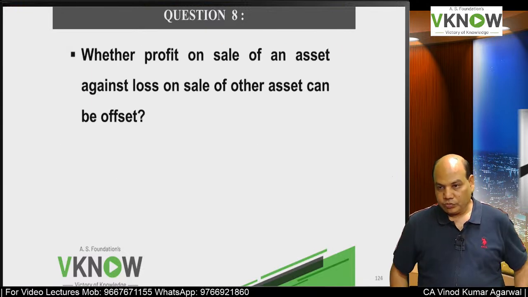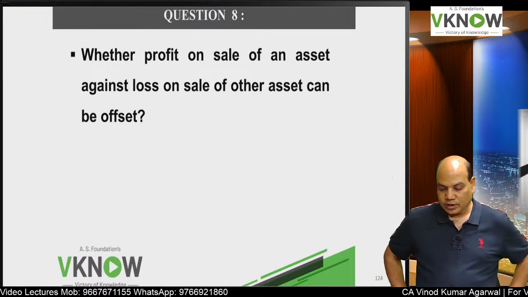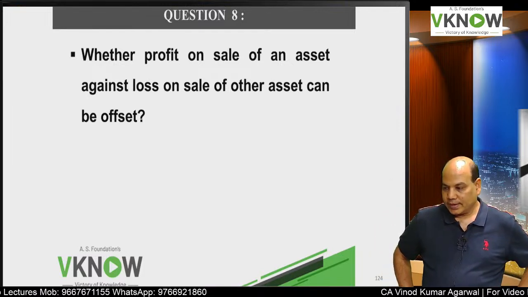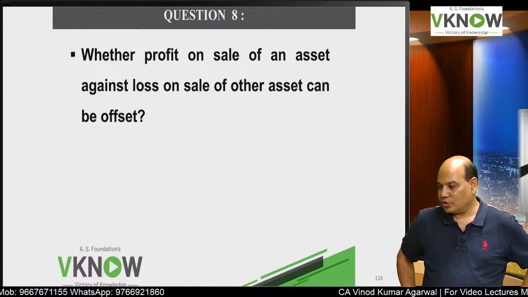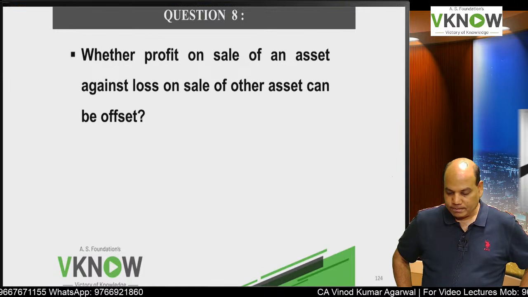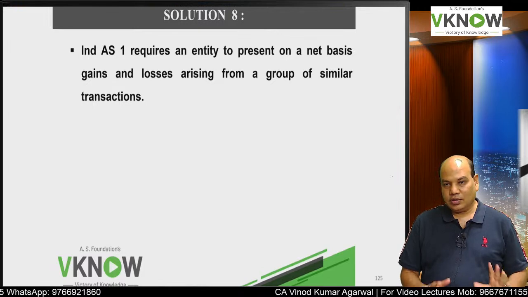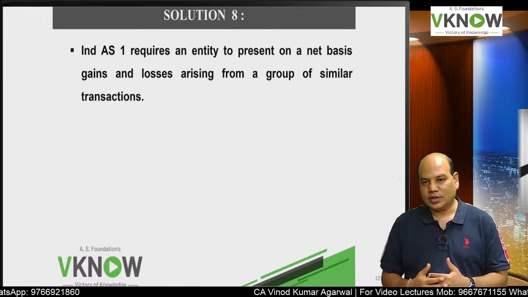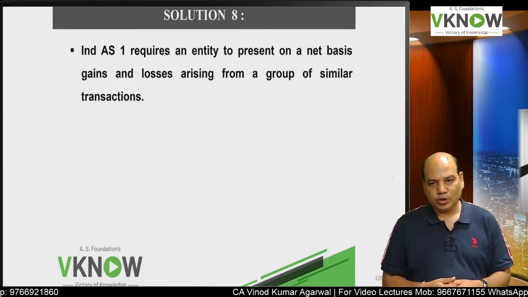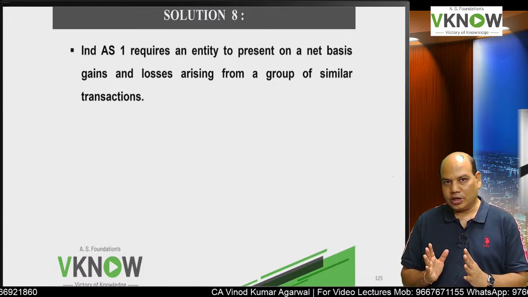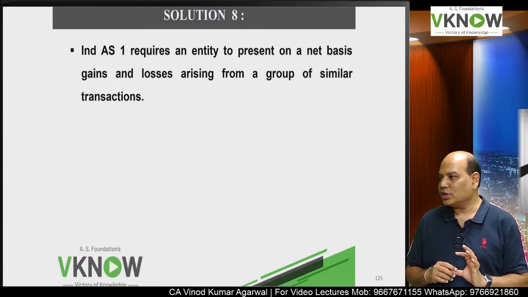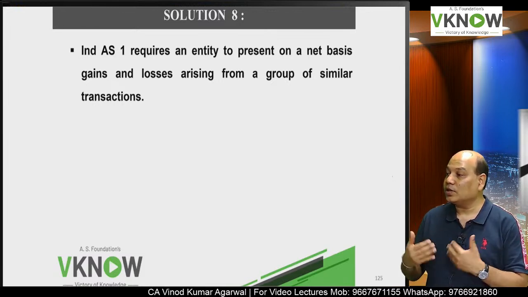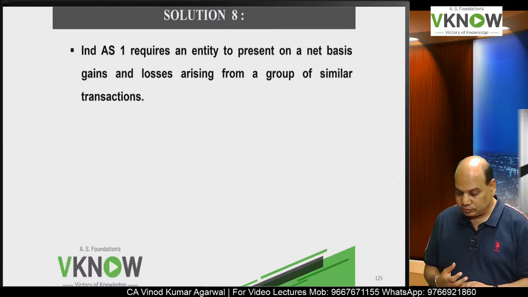Question number 8, whether profit on sale of an asset against loss on sale of another asset can be offset. So usually the answer would be we present the profit or loss on sale of asset as a net item in the statement of profit and loss. If you look at any company's profit and loss, there is only one line item, profit on sale of asset, but it may be net of some assets which have losses also.